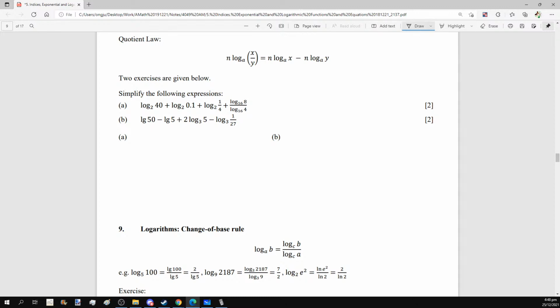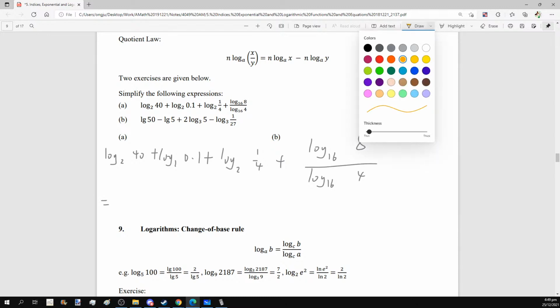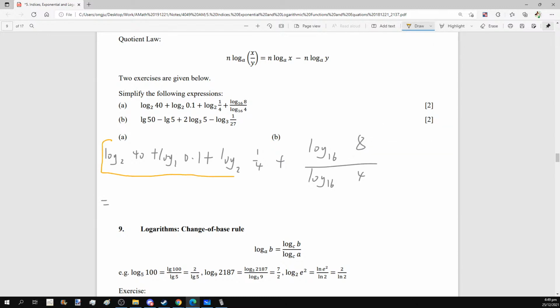The first one tells us we have log 2 40 plus log 2 0.1 plus log 2 1 over 4 plus log 16 8 minus log 16 4. Now over here, the first three objects are all log 2 and they are separated by a plus, allowing us to perform our laws of logarithm and multiply them together.